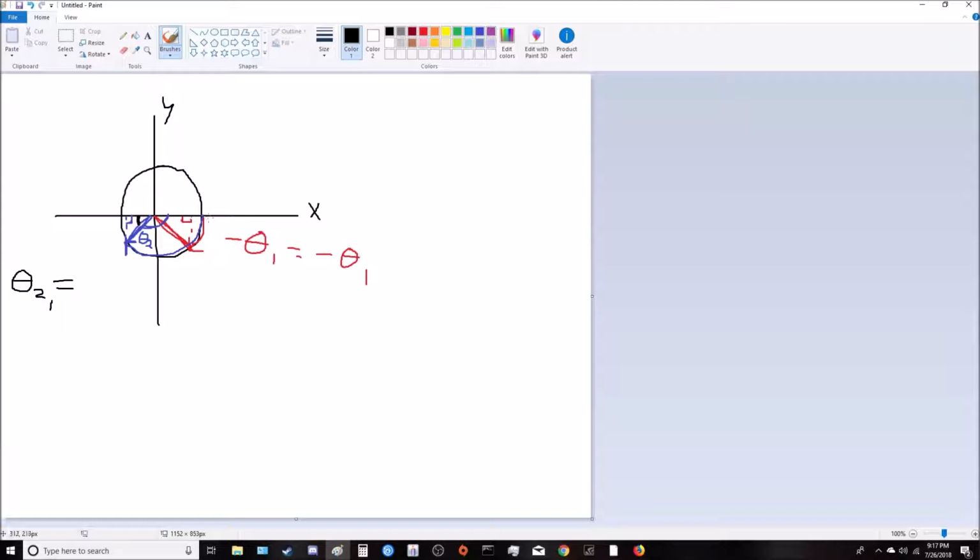And it's equal to a full 180 minus whatever we use to get to the right triangle. So that's going to be pi. And actually, since this is negative, there's going to be a sign change here. So this is going to be pi plus theta sub 2, since we know this is negative.